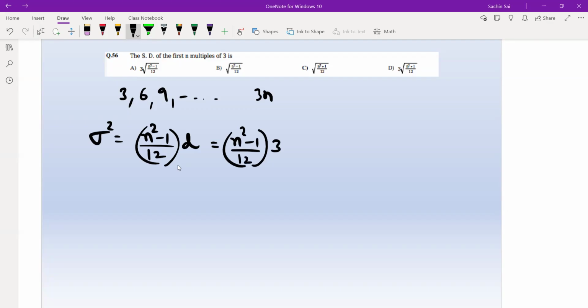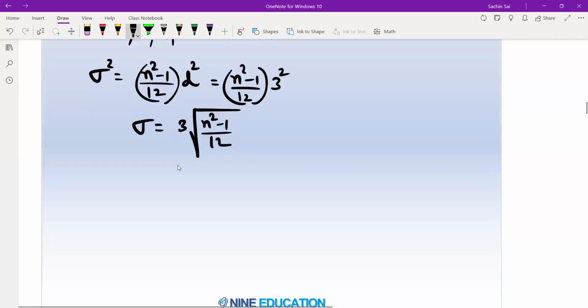To find the standard deviation, you need to take the square root of, okay, so sorry, so this should be d square, n square minus 1 by 12 times d square. So here, this should be n square minus 1 by 12 times 3 square. And to find the standard deviation, you need the square root of the variance. So the standard deviation will be 3 times under root n square minus 1 divided by 12. Right? So that was question 56.